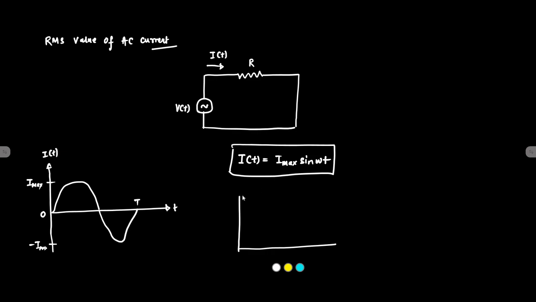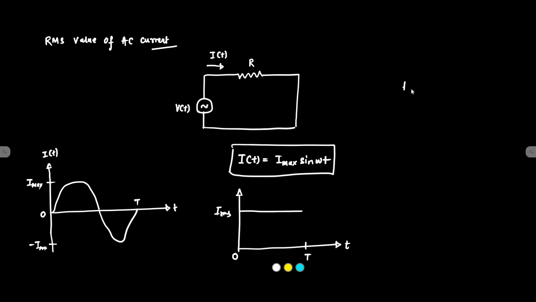Our objective is to determine an equivalent DC representation of this AC current signal, which we are calling IRMS. By definition, the condition is that both these signals, when applied for this duration t seconds, produce the same amount of heat in the circuit.